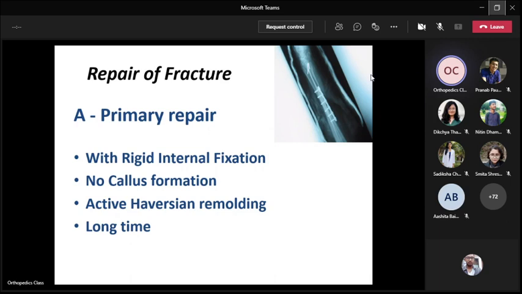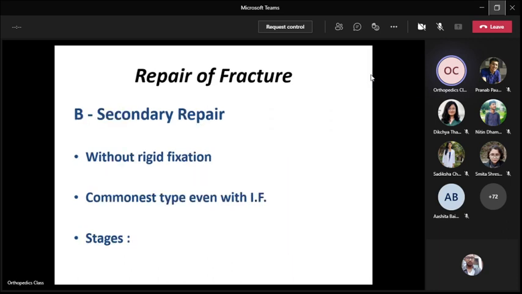Their mechanism there is the cutting cone mechanism, and that chapter will be taken in the healing topics. Active Haversian remodeling is there, but it takes a longer time. Whereas secondary repair is produced without rigid fixation, which means some sort of motion is there at the fracture site, and mostly they are produced by internal fixation.